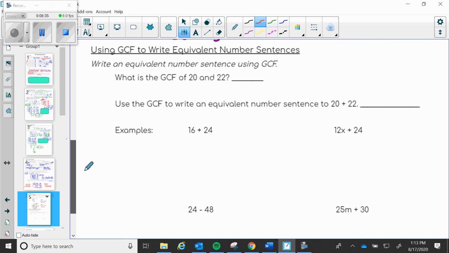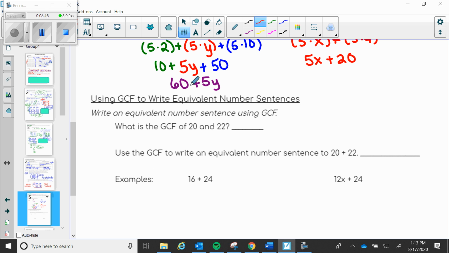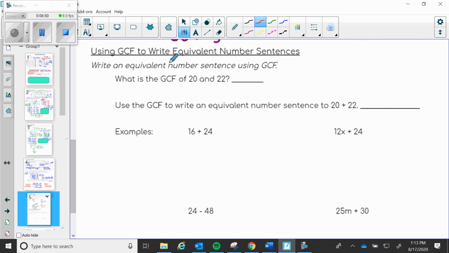Now we've been learning about GCF, and now I'm going to show you how you can actually use GCF and the ladder method to write an equivalent number sentence just like one of these that we did. So to use GCF, we have to first figure out what the GCF of these two numbers are. So 20 and 22, let's just set up our ladder, 20 and 22.